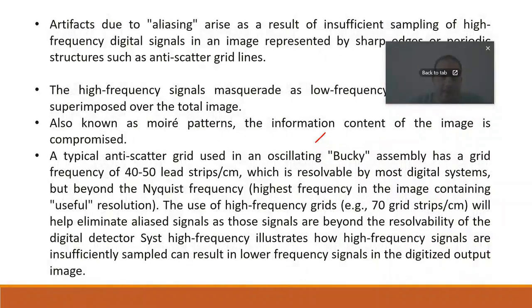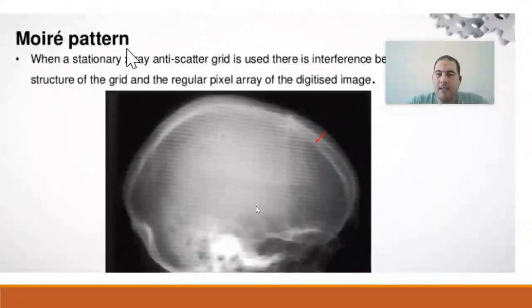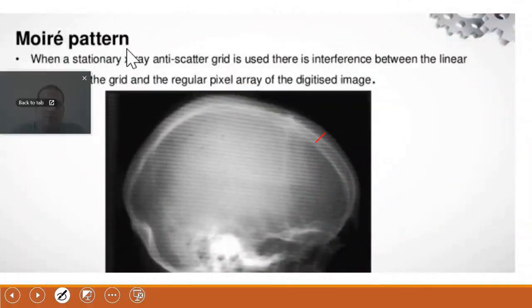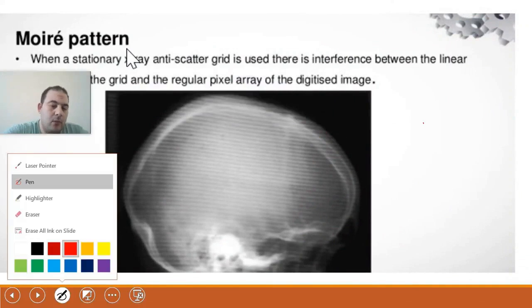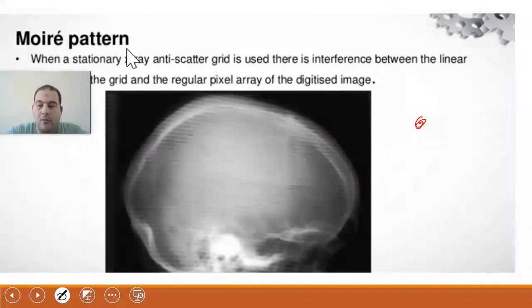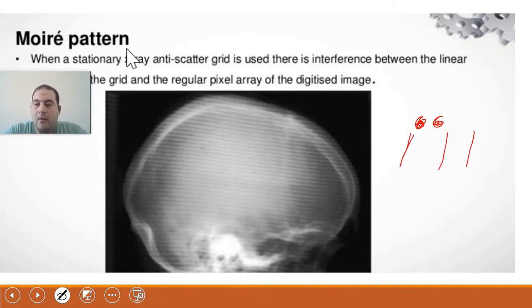For example, if I have two objects like this, these are the strips related to the grid.